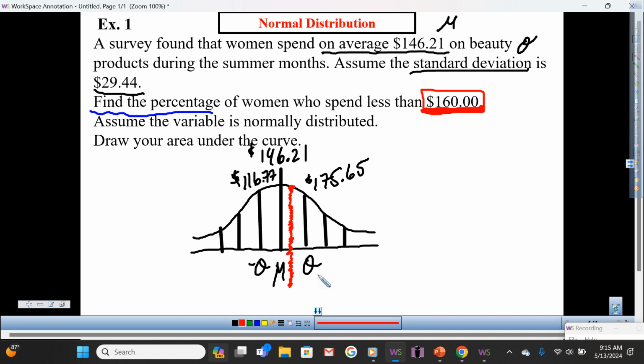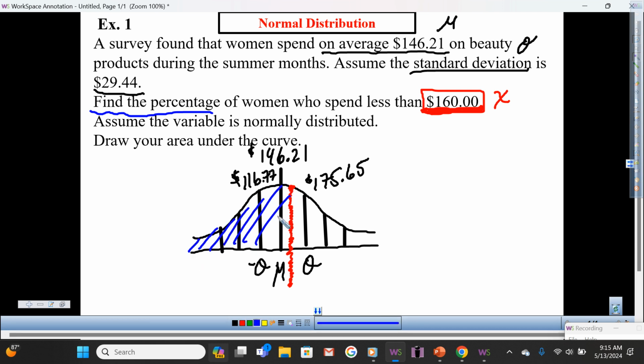All right. So being that this is a spot in between these two values, this is what we call X. It's not exactly the Z, because Z we need to find a percentage under the curve.